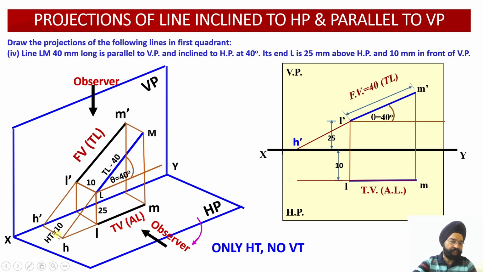From H dash, I'll draw the perpendicular till this extended perpendicular meets my plan projection itself or its extension over there. So this distance I am going to call the horizontal trace. And how much is the value of the horizontal trace? This is once again equal to 10 millimeter. So this is case number 4.